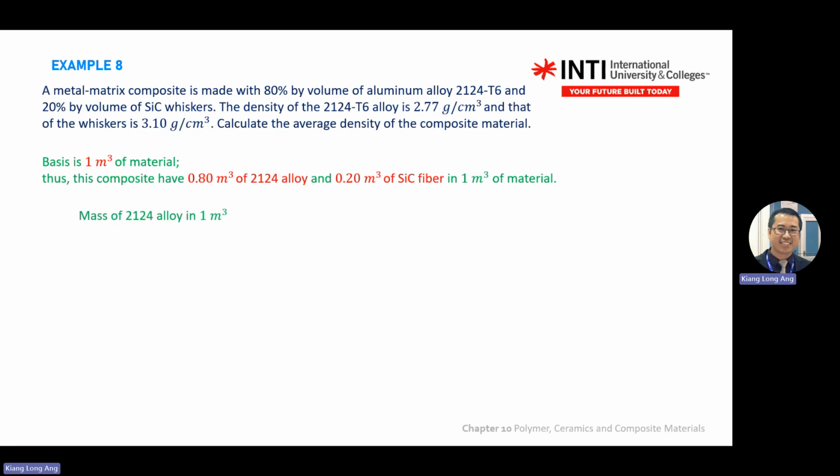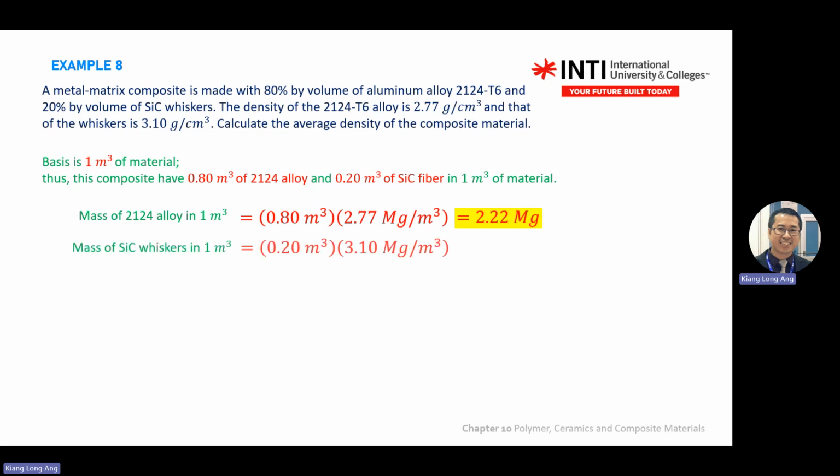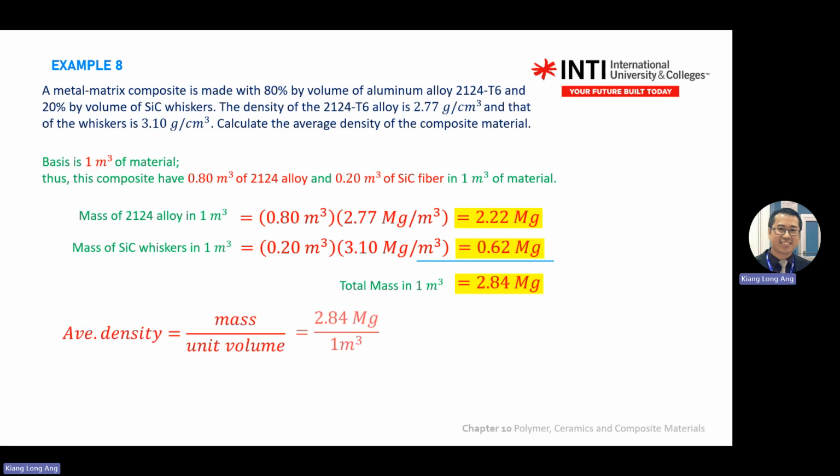When you have 1 meter cube, you're given density, so to find the mass, you take 0.8 meter cube multiplied by the density, you get one value. You do the same for the viscous. Now you have the mass already, so you have the total mass and you're able to find the average density.